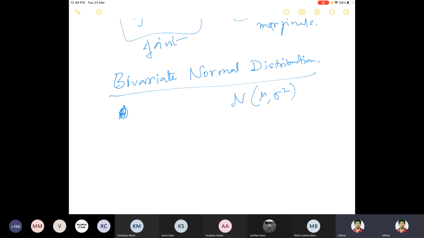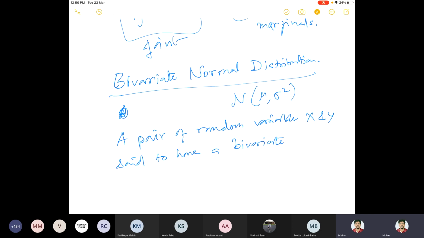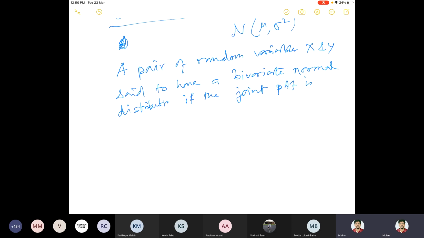Suppose a pair of random variables, x and y, are said to have a bivariate normal distribution if the joint PDF is of this particular form. f of x,y is also defined in terms of parameters, and actually there are 4 parameters.